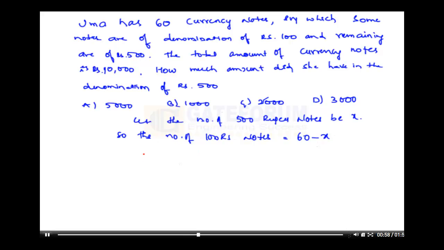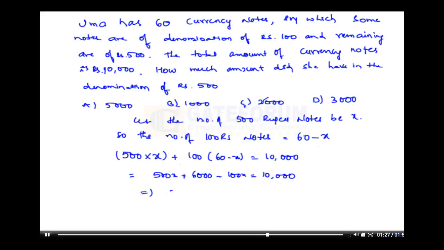And the money Uma has is totally 10,000. So 500 into the number of notes plus 100 into the number of 100 rupee notes is nothing but 10,000. Now it gives 500x plus 6,000 minus 100x is 10,000.